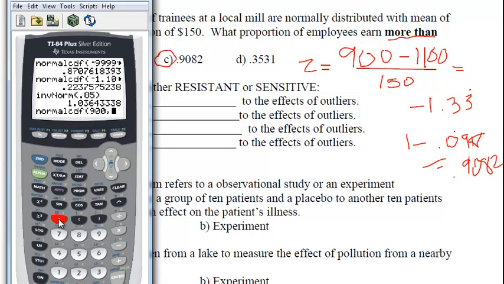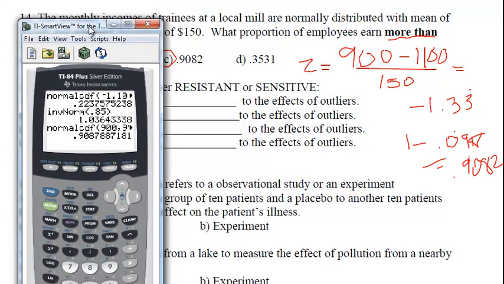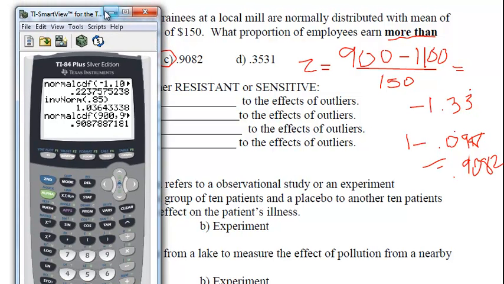My upper bound is just going to be a large number, so I usually type in 6 nines or so, comma, and then I always type in my mean, and then my standard deviation, so 150. And then I can hit enter. Okay, and I get 0.9087. The two answers are going to be a little bit off. Just go with whatever's closest.